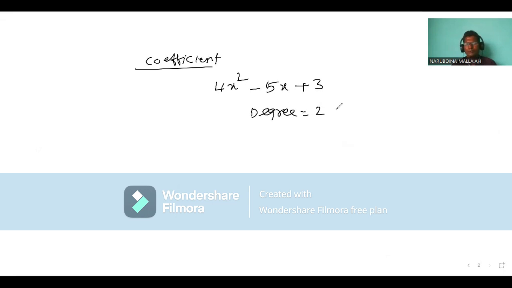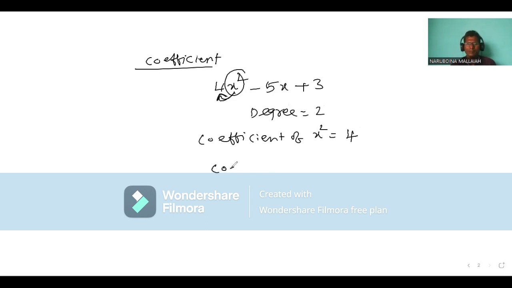I want to know the coefficient. The coefficient of x square is whatever number is before the variable. Here x square is the variable. Before this x square, we have the number 4. So the coefficient of x square is 4.